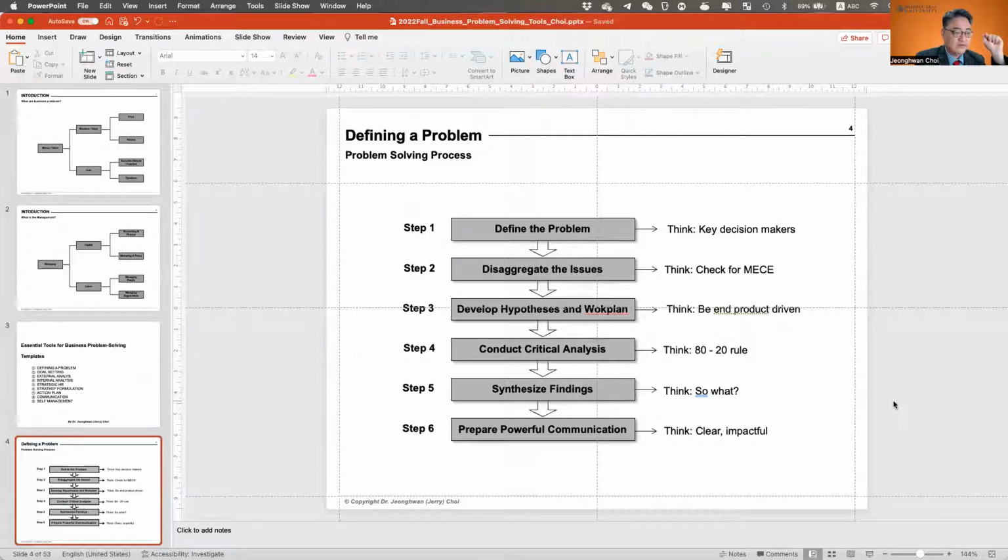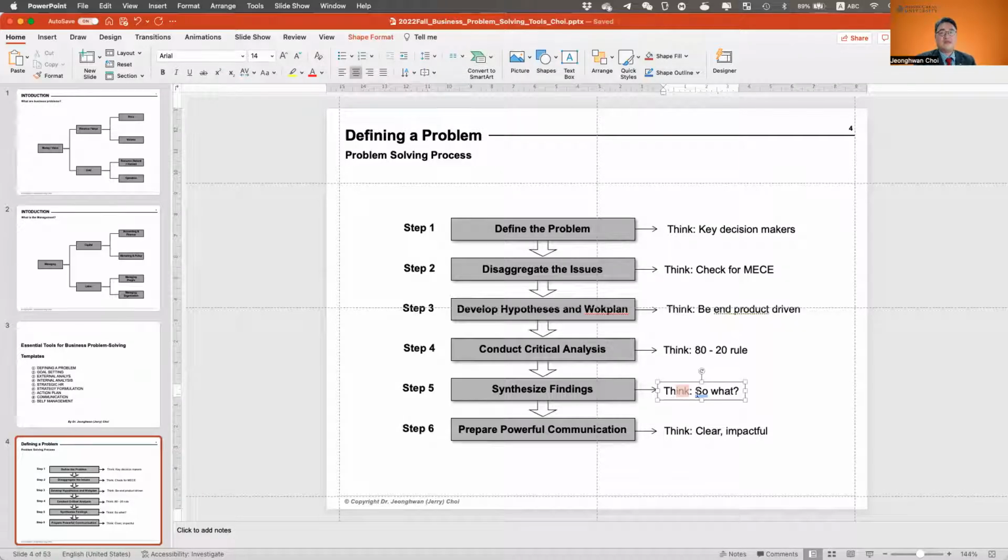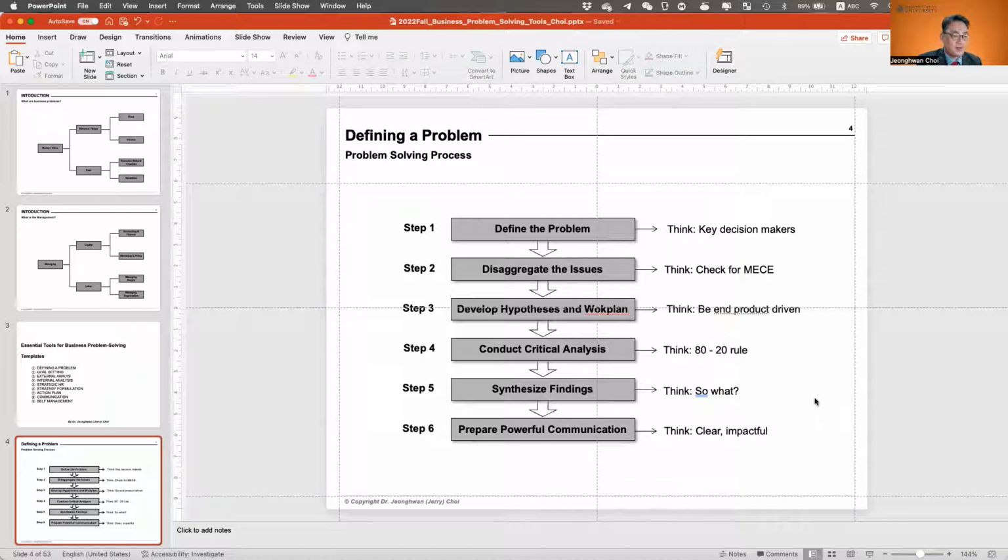Does it make sense? Is this idea doable? Is it practical? Is it applicable? Okay, so when we synthesize findings, when we finalize those ideas or solutions, we always think of this: so what?